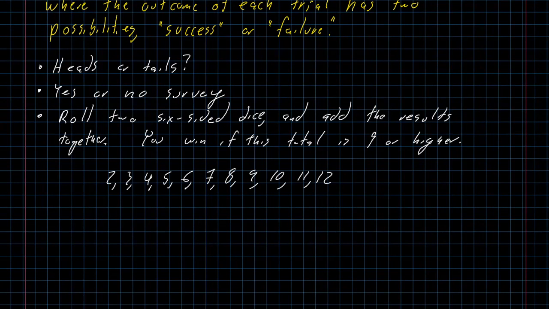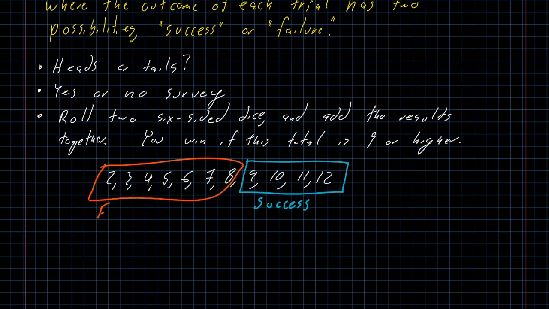But we have, based on the situation at hand, simplified this result. If you roll a 9 or higher, a 9, 10, 11, or 12, all of these together are the result of success. And then everything else, let's try a slightly thinner line so I can actually fit it in here, is the result called failure.